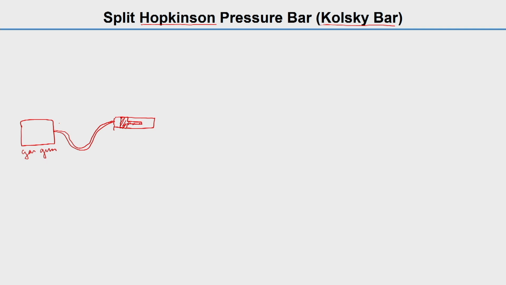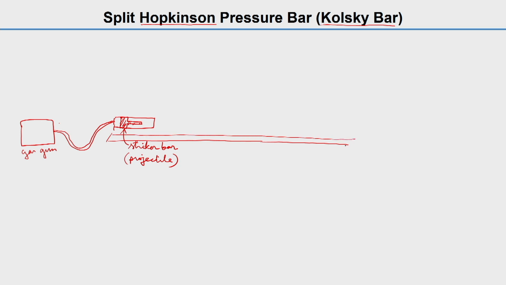This is our striker, or striker bar, or we can call it projectile bar. We have a rail on supports, on top of which we have all these arrangements. So we can have these types of supports.